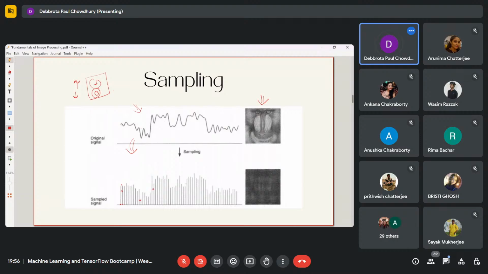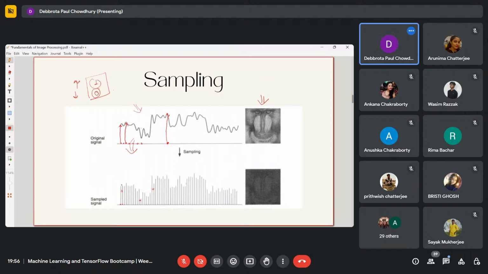Is it clear? So sampling means we try to get the samples. Here we have the corresponding value of this, and here the corresponding value of this. So these are called samples; we are taking the samples.